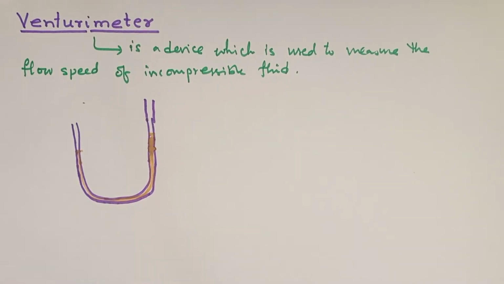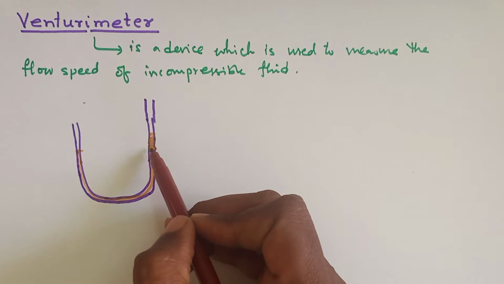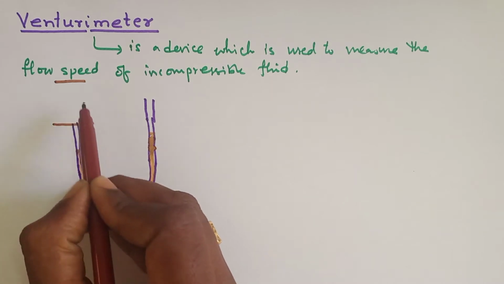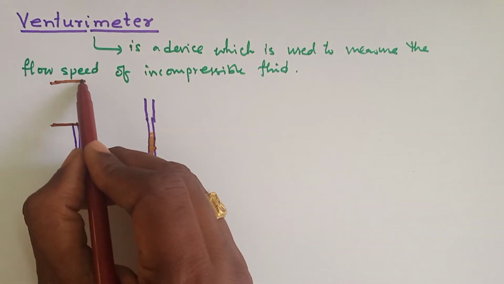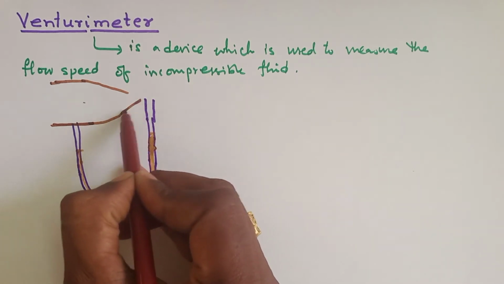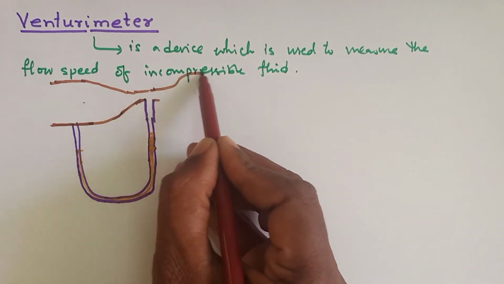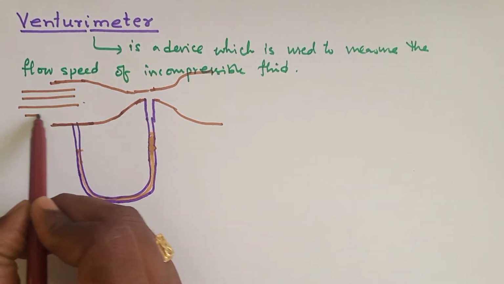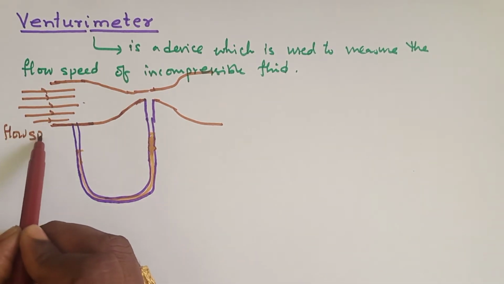It consists of a U-type tube which is filled with mercury, and which has a broad inlet, or broad diameter, and there is a narrow neck, and this is called constriction, where the fluid is entering with a speed called inflow speed.